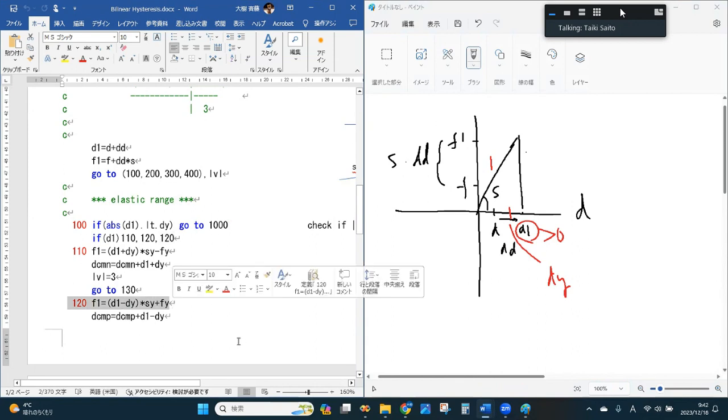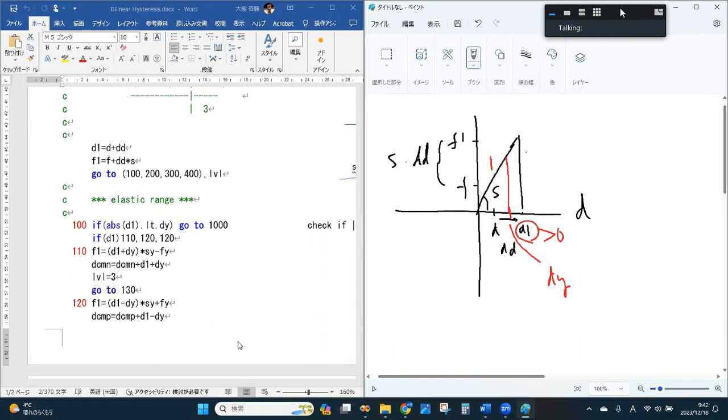So if dy is here, Fy is here. And it must go to next slope 2. But as you can see, well, this is D, and this is okay.